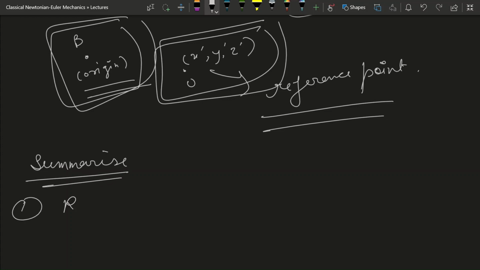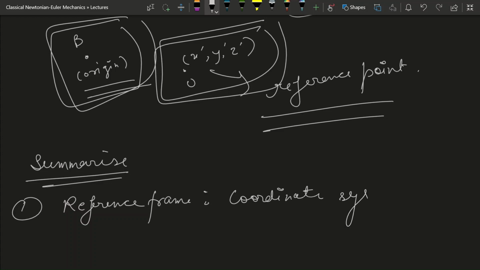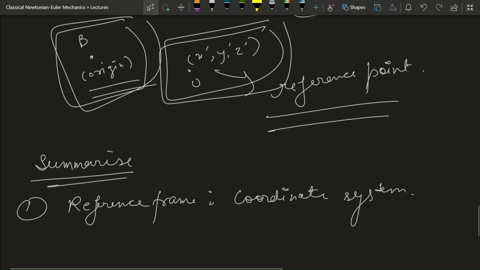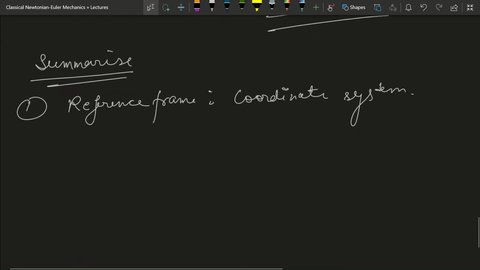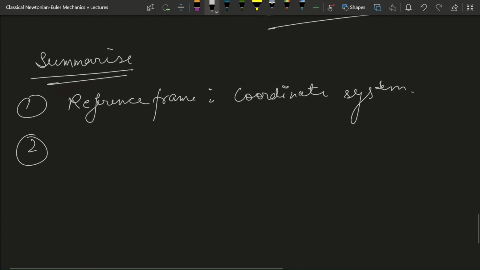In summary, first we talked about reference frame, which was just a coordinate system, a mathematical need to assign coordinates. Then we talked about reference point.